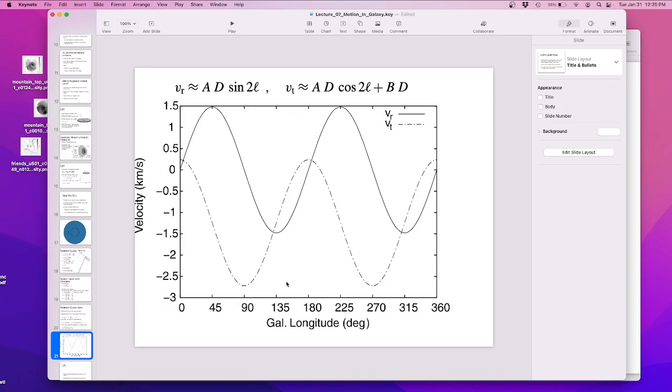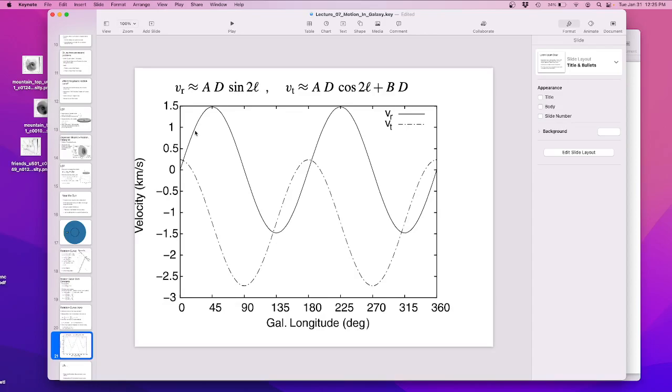So this is what this measurement would look like. If we were just in a disk that has some differential velocity, the radial velocity as I turn my telescope around, when I'm looking that way, it's maximally small. When I'm looking that way, or when I'm looking this way, it's large. When I'm looking this way, everything's tangential.